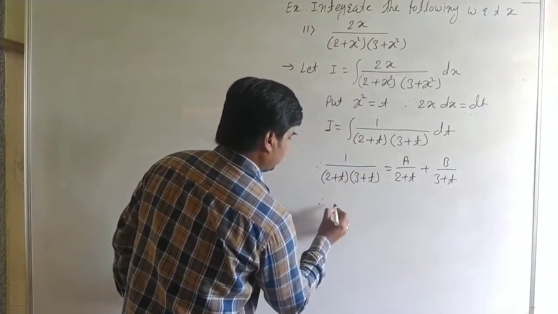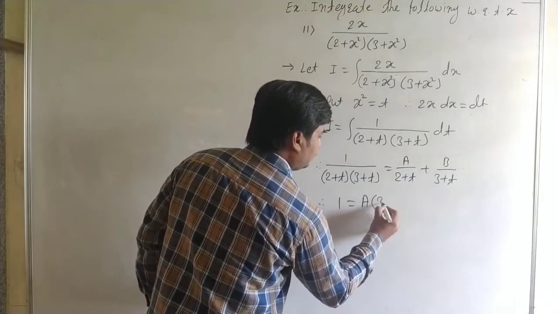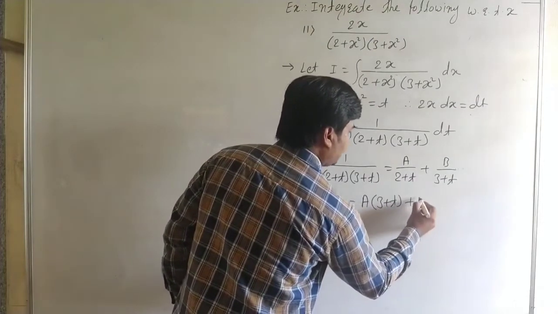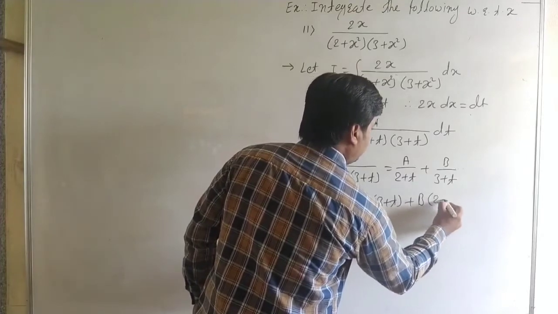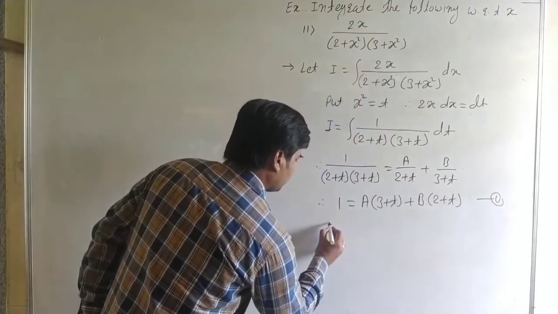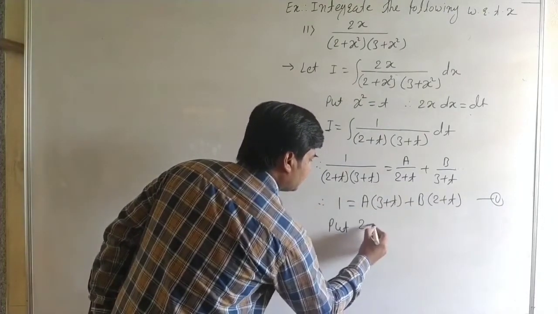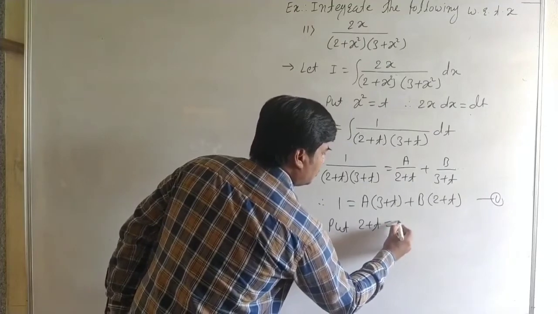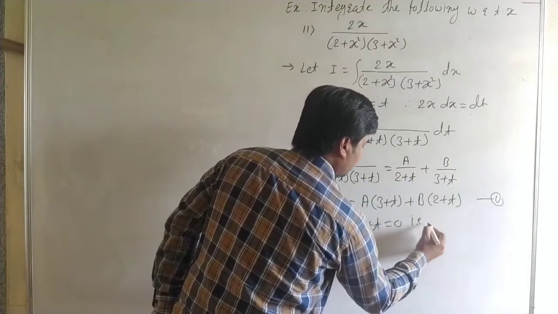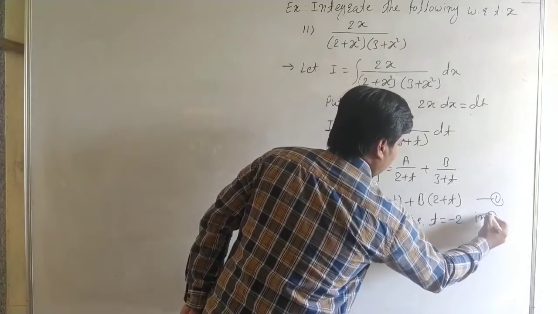And therefore we get 1 is equal to a into (3 plus t) plus b into (2 plus t). It is equation number 1. Now put 2 plus t is equal to 0, that is t is equal to minus 2 in 1.